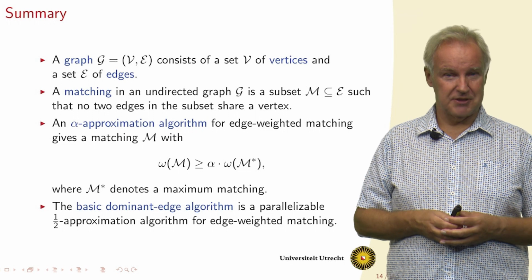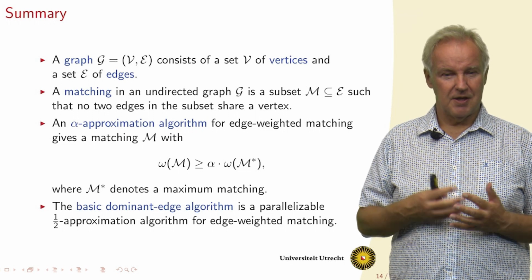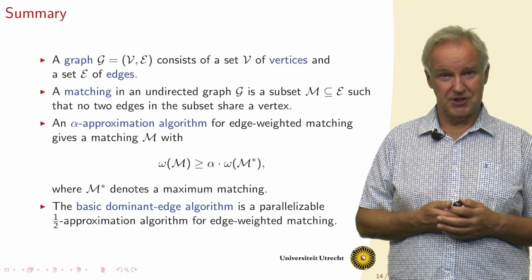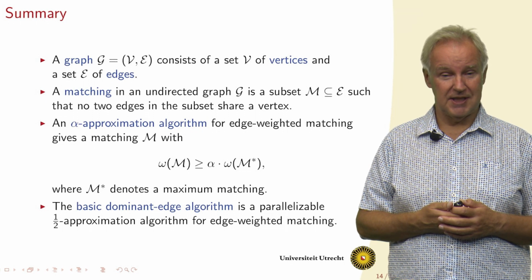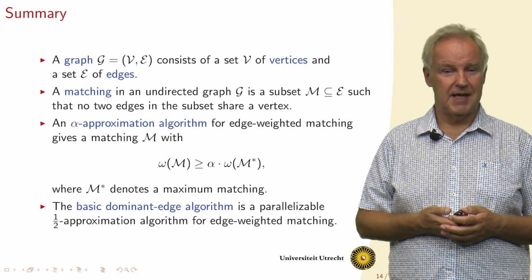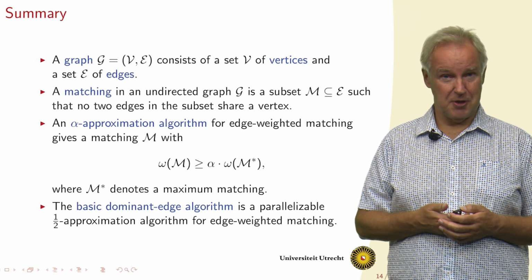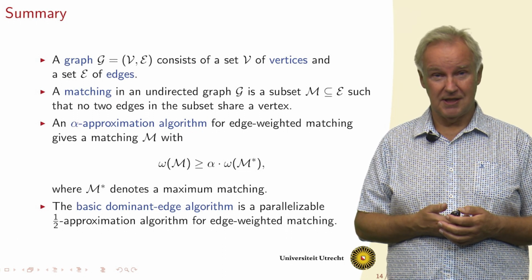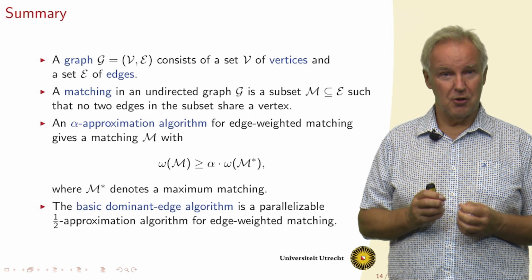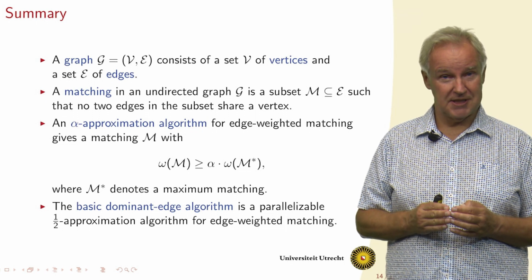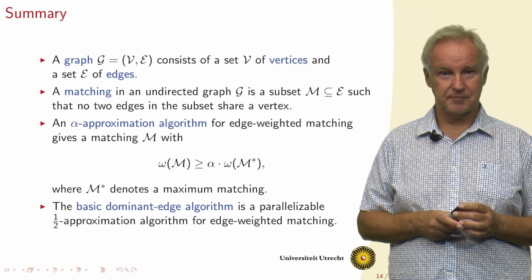Okay, let's summarize what we've learned here. A graph consists of a set of vertices V and a set of edges E. And then a matching is a subset M of E, for which no two edges in that subset share a vertex.